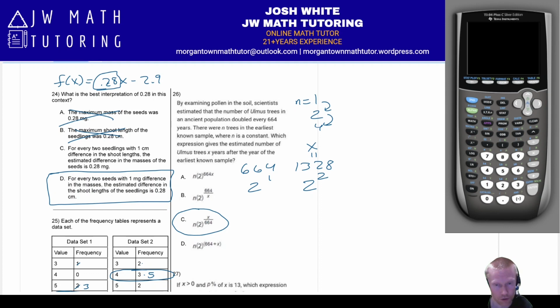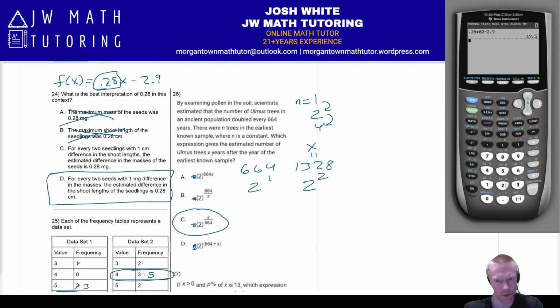So now when you go down to the answer choices, n is 1, so we can just get rid of that. That's not going to change anything. And now you can work the rest out on the calculator. If you look at A and D, you should hopefully be able to realize those numbers are just going to be way too big. So in A, we've got 2 to the 664 times 1328. Okay, it's overflow because it's too large of a number, so the calculator won't even do it. That's obviously not the right answer.